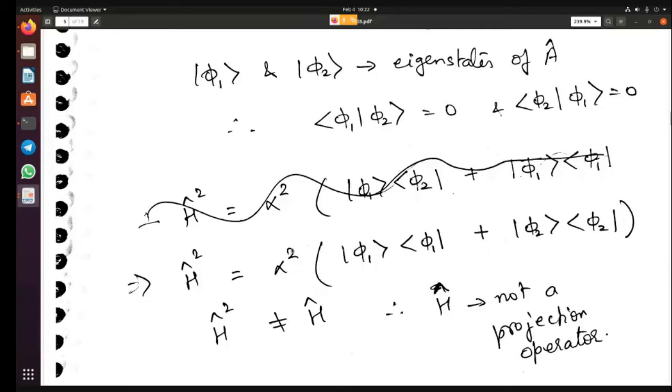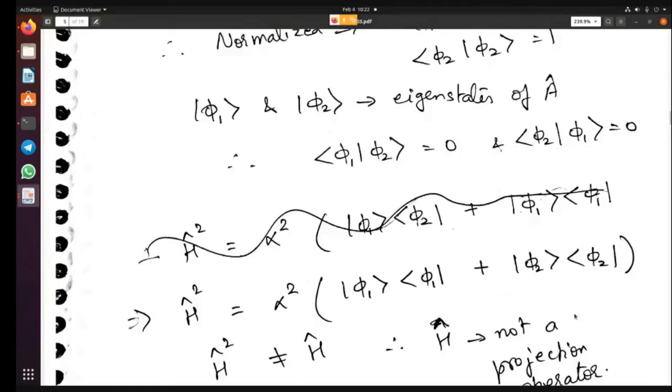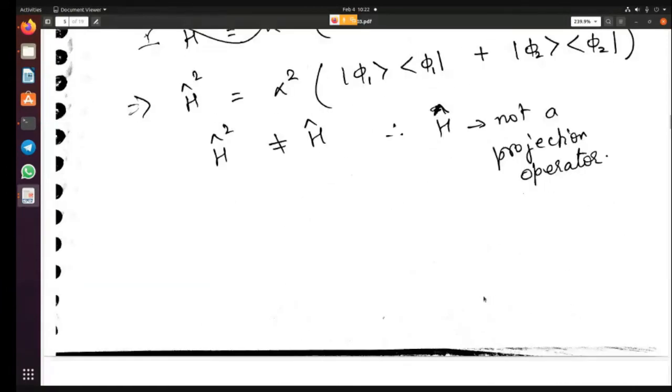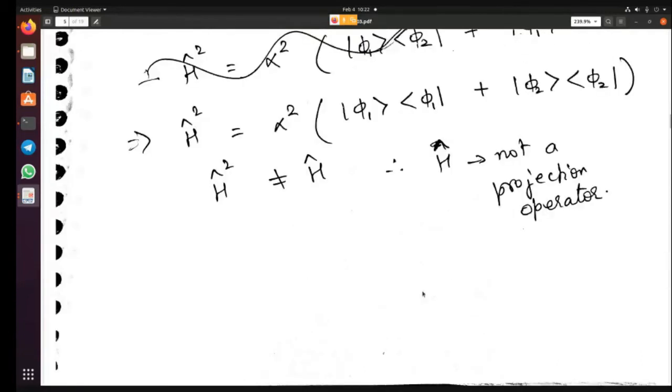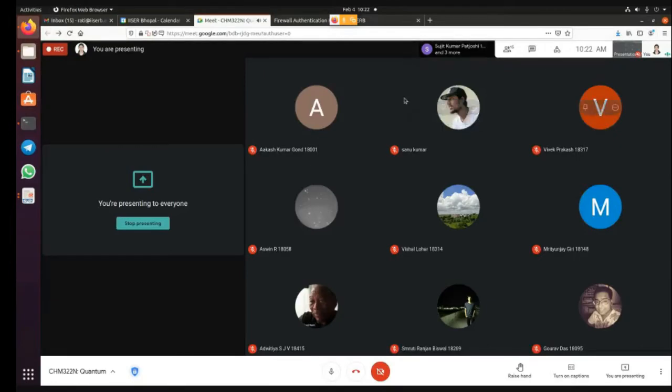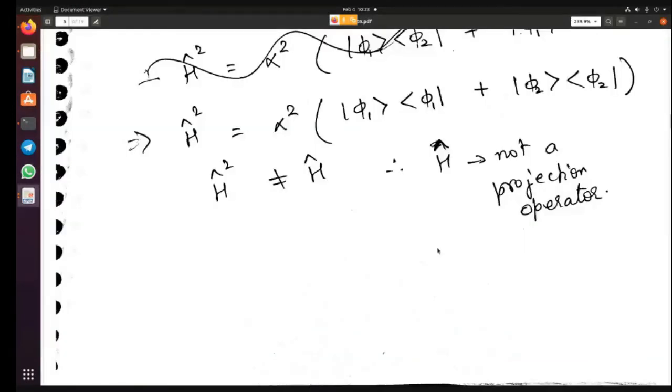Because there is an alpha square here instead of just alpha, it is not really equal to H. There is an extra number here. So it means that H is not a projection operator. Is this clear? Any doubt up to this point? Let me know if you have any doubts.